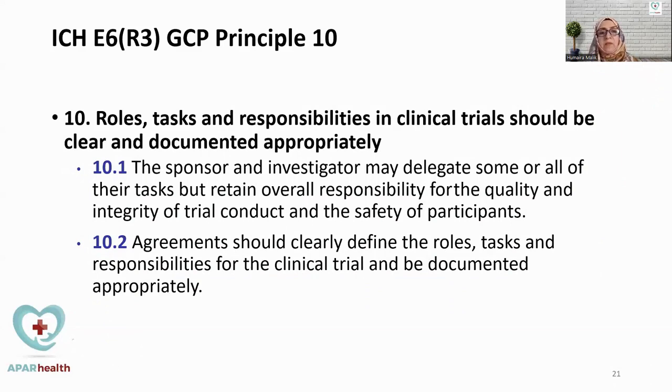The 10th principle is about the responsibilities and the roles of each person participating in the trial, or the stakeholders of the trial, for example the sponsors and the investigators, that should be properly documented.